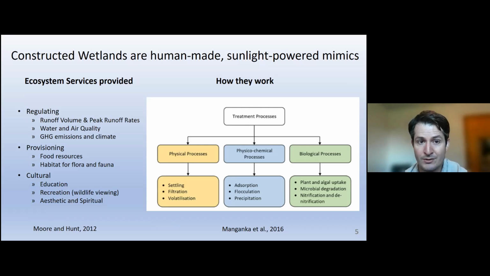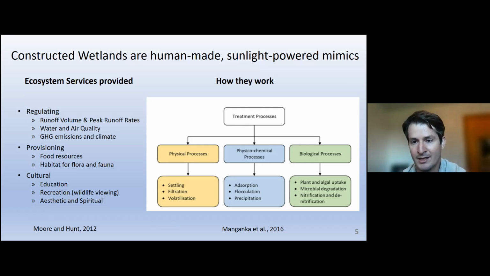Also recreational services, such as walking around these systems and seeing all sorts of beautiful birds. Definitely not a bird enthusiast, but it was really cool to work in the wetland and see the different birds that were flying around.